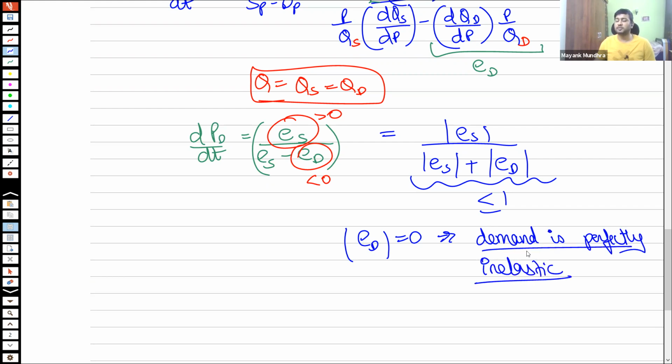So when demand is perfectly inelastic, dPd by dt becomes equal to 1. What's happening is if you raise taxes by 1 rupee, the price which consumers pay goes up by 1. So the entire burden is shifted on the consumer.